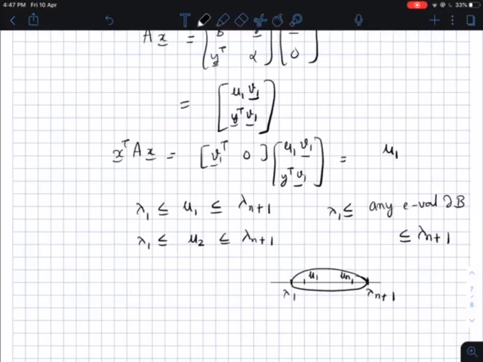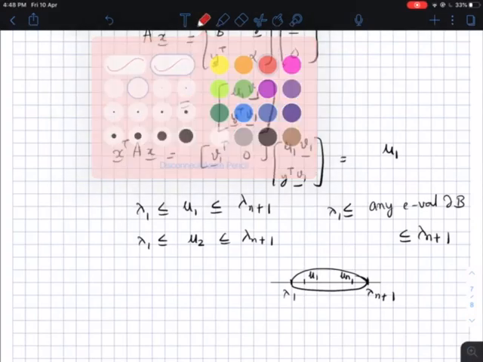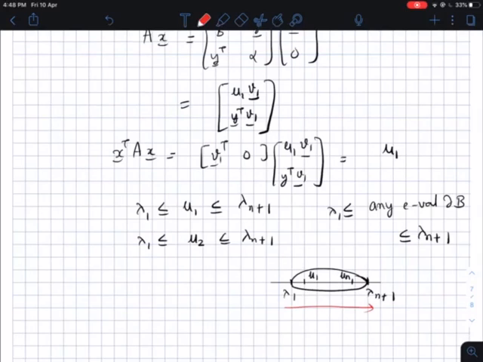Basically what you're saying is that if you remove one row and the corresponding column from a matrix, the set of eigenvalues will in some sense compress. Whereas earlier the eigenvalues were spread in this whole region from lambda 1 to lambda n plus 1, now they're going to be spread within that region only. They're not going to spill out of that region.